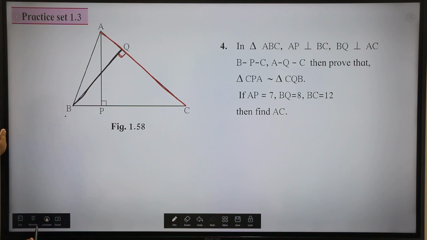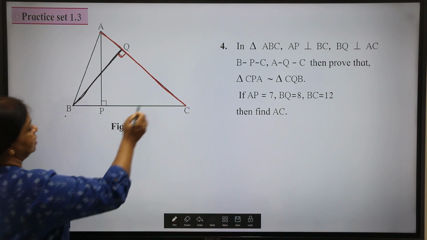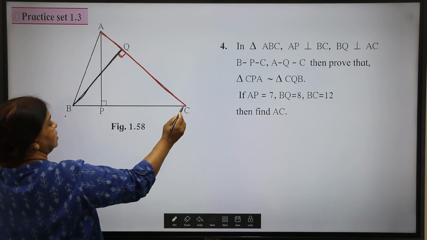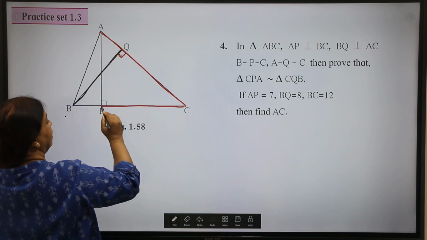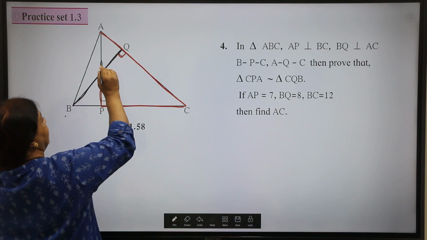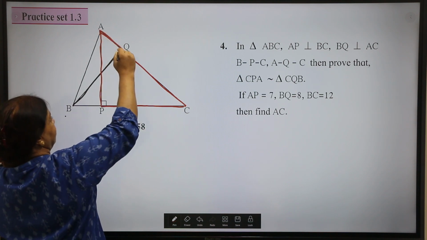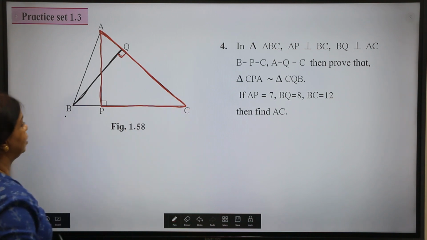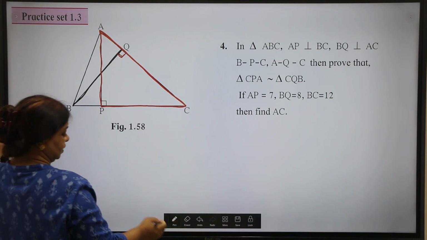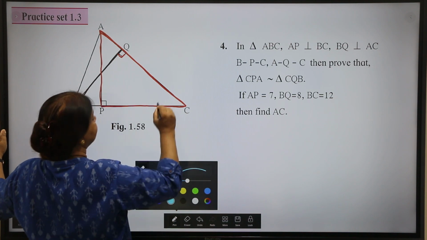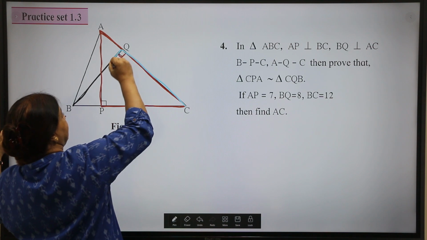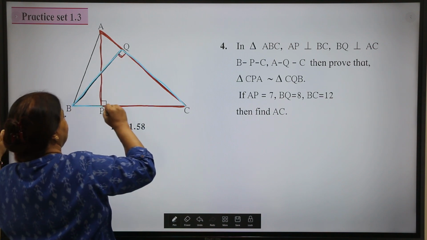Then we have to prove that triangle CPA is similar to triangle CQB. Clear?